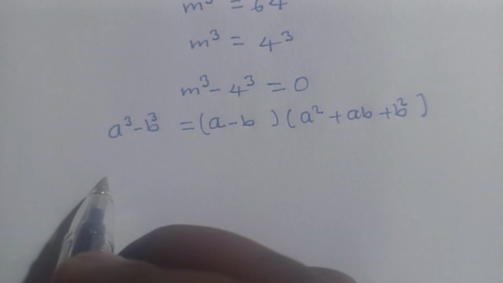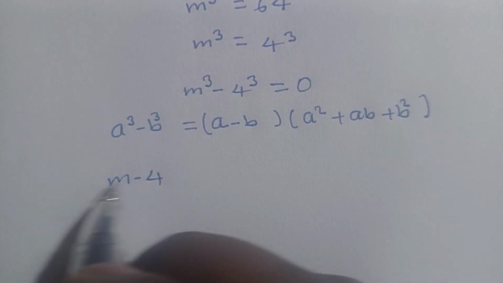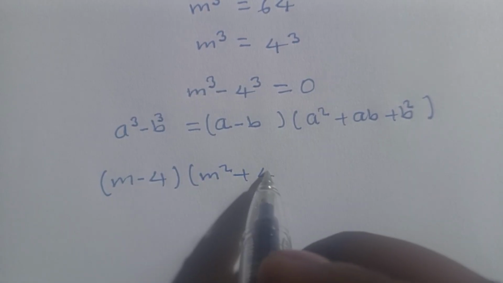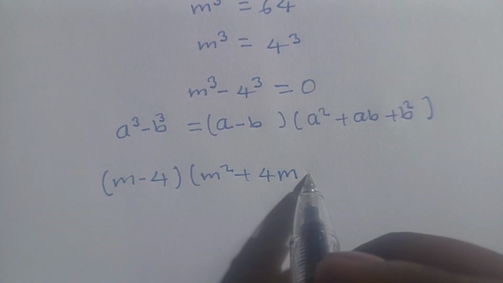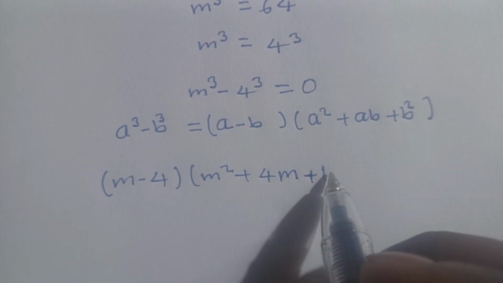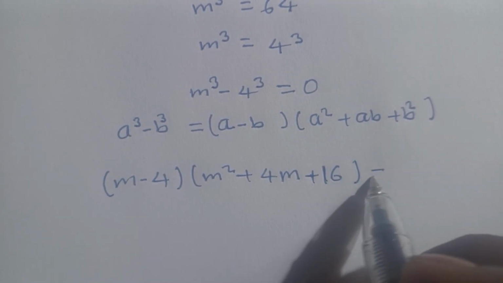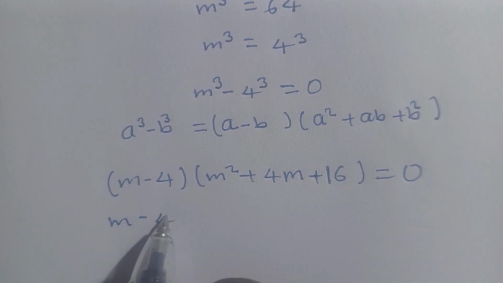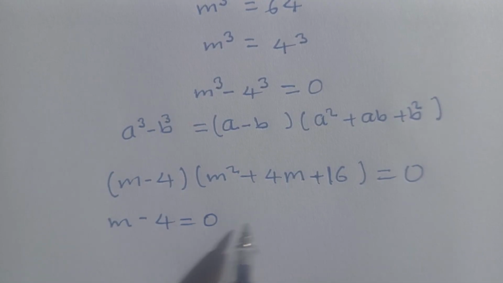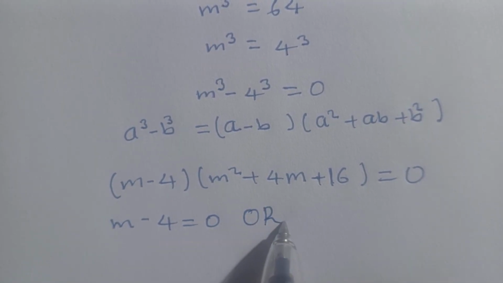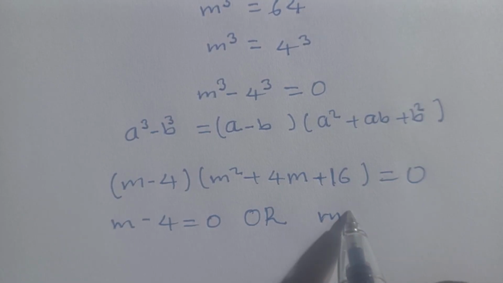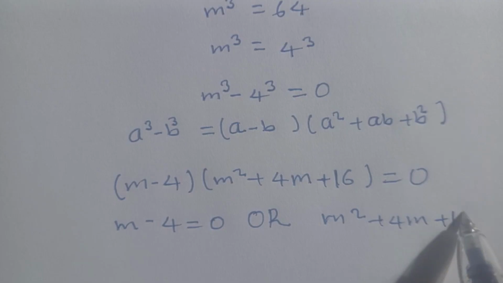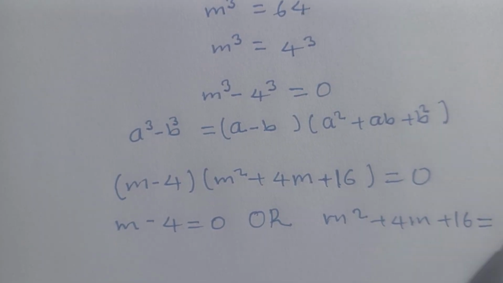Then m minus 4 times m square plus 4 times m plus 4 square, 16, equals 0. Solution: m minus 4 equals 0, or m square plus 4m plus 16 equals 0.